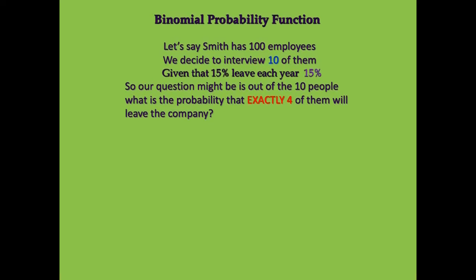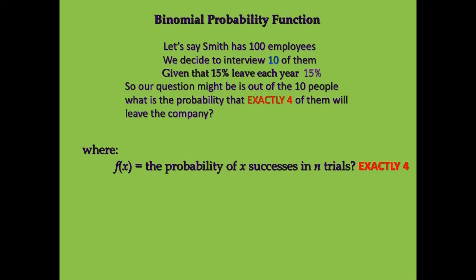Now, that's not the only way we could phrase the question, but to get started with the example, let's just look at exactly 4 leaving the company, where the function of x, the probability of x successes in n trials, is what we're looking to calculate. N, the number of trials, the formula is going to call for that. And we know it's 10.